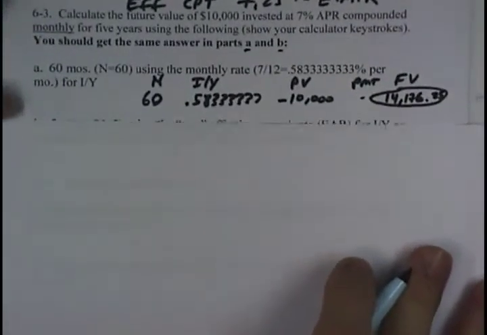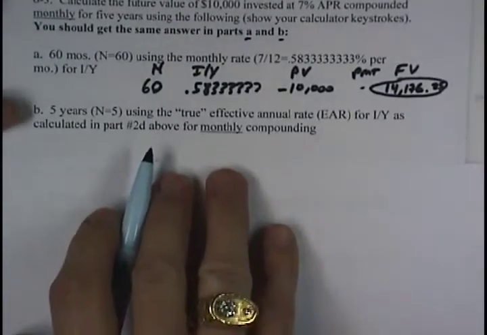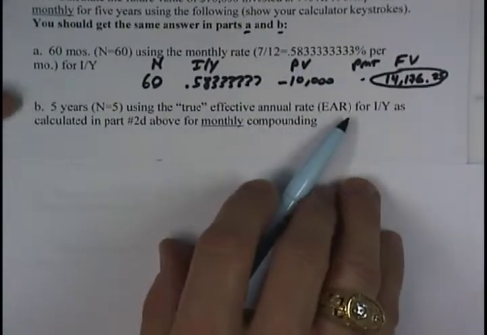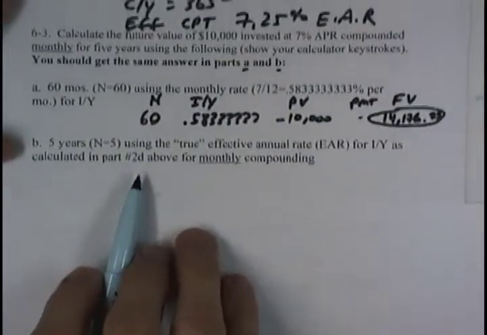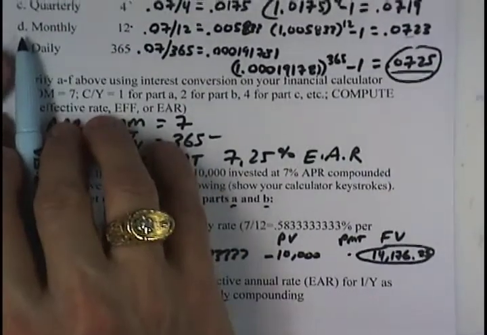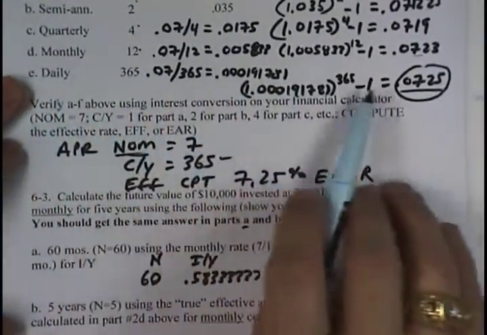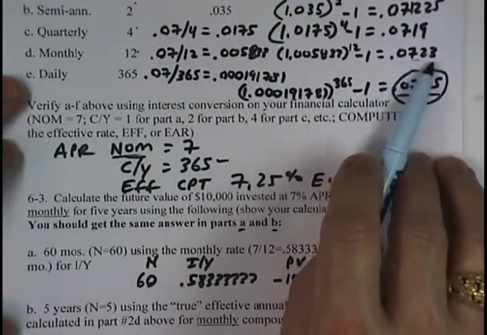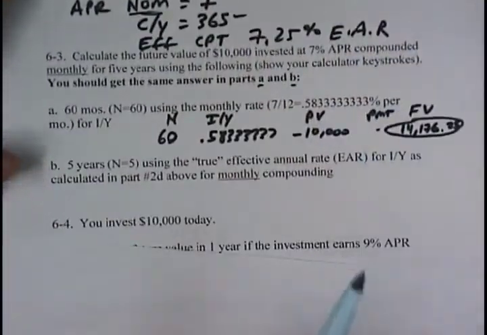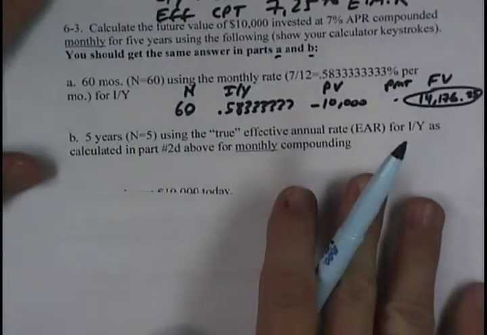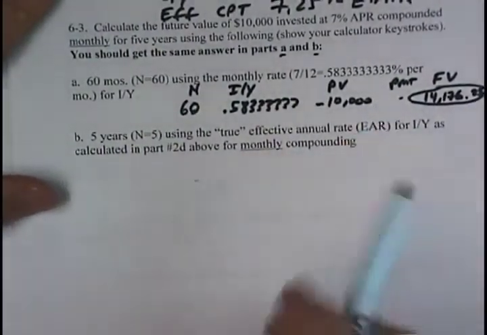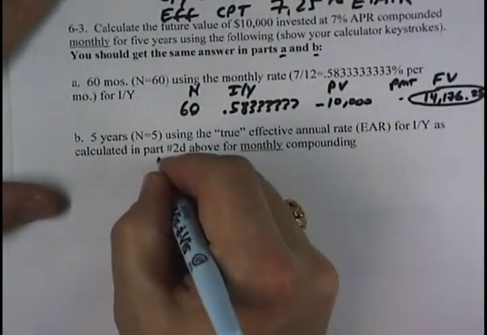In Part B, it says use the true effective annual rate that you calculated for the monthly compounding that you calculated in Part 2D above. So use this 7.23% true effective rate that you calculated along with the number of years now.